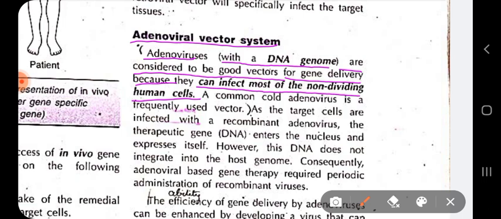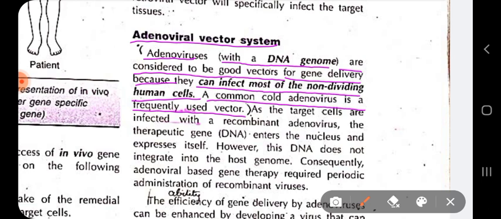That's the main reason why adenovirus is used as a good vector for gene therapy, because they can infect most of the non-dividing human cells. Common cold adenovirus is frequently used as a vector nowadays.